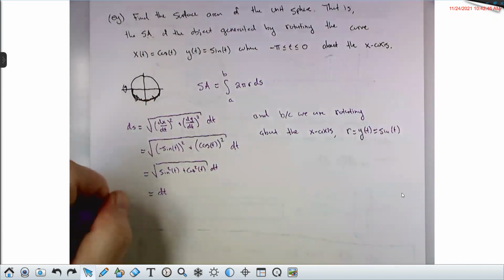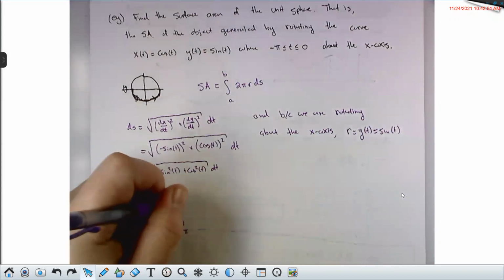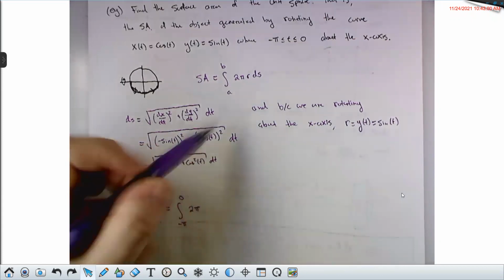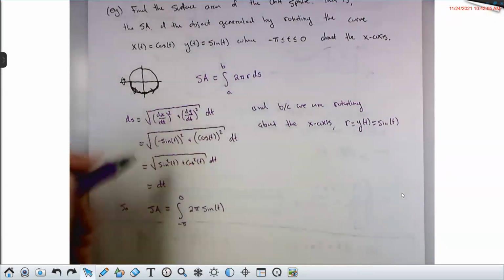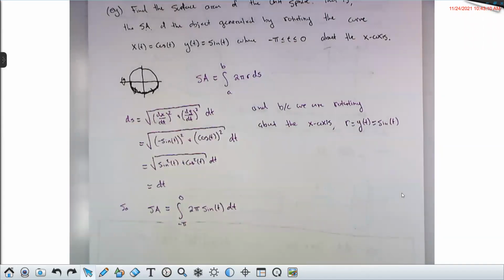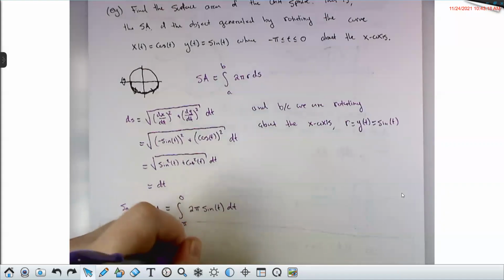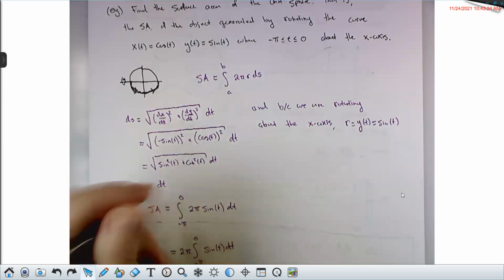So my surface area is the integral from negative pi to 0 of 2 pi r, which is sine t, times ds, which is just dt. And that's 2 pi times the integral from negative pi to 0 of sine t dt.